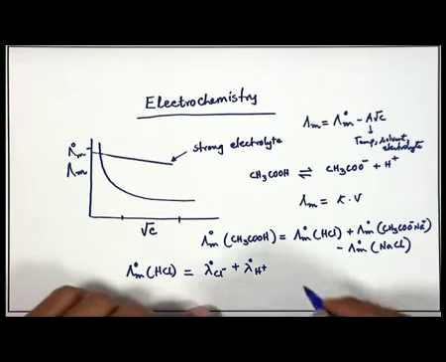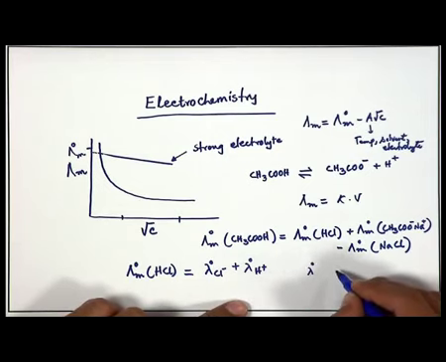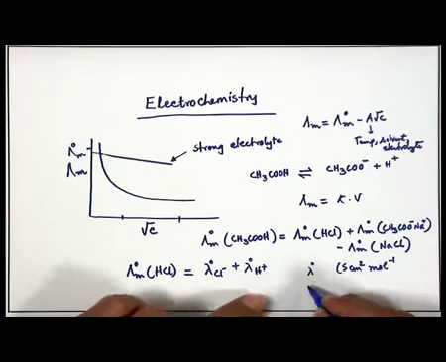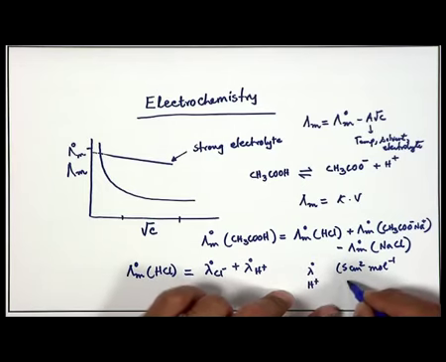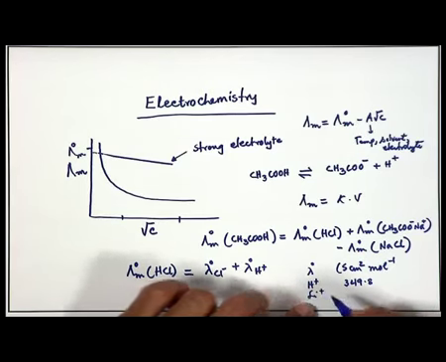We can write lambda 0 for various ions at infinite dilution, where the unit is Siemens centimeter square mole inverse. For example, for H plus, its value is 349.8.